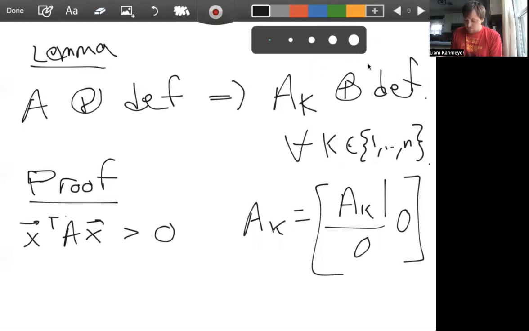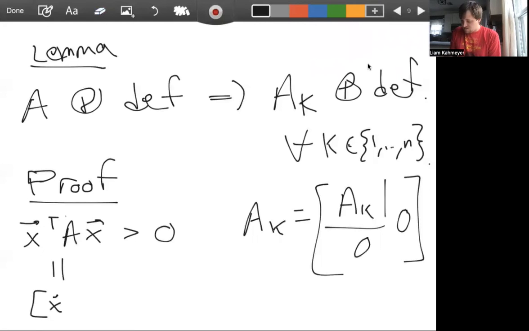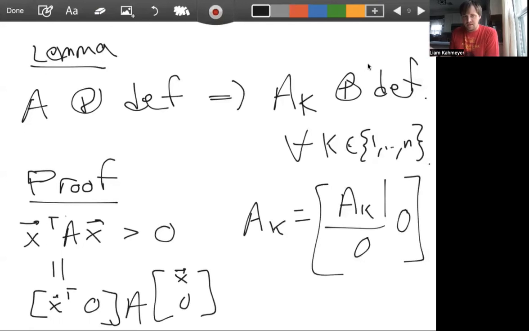So because of that, we can write this product here as X transpose 0, so you have your K components, and then the rest are 0, times A times X 0. And then you can see by the product, this is positive, which gives us the implication.